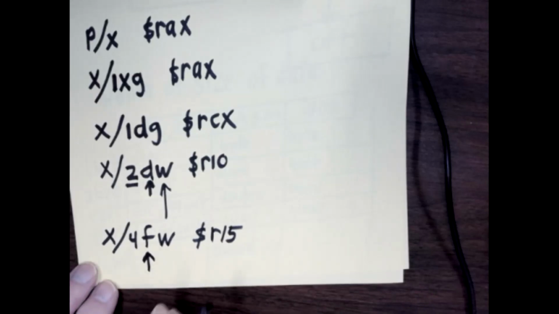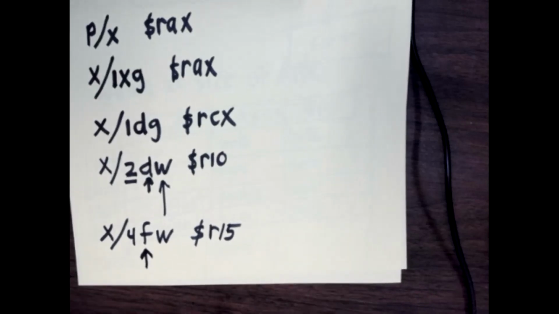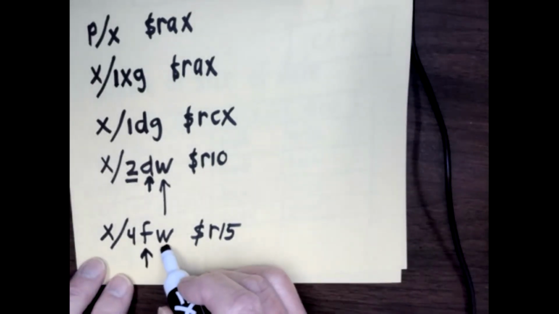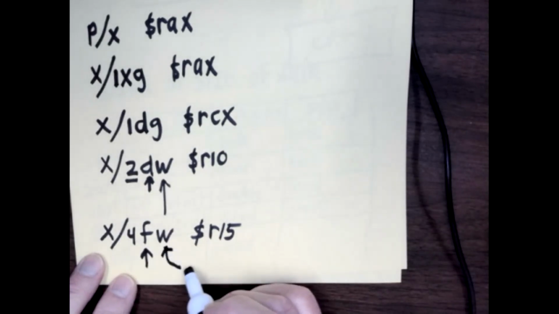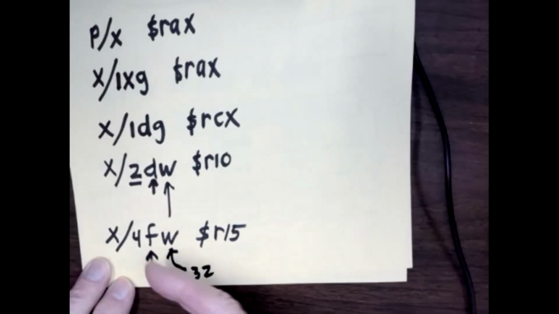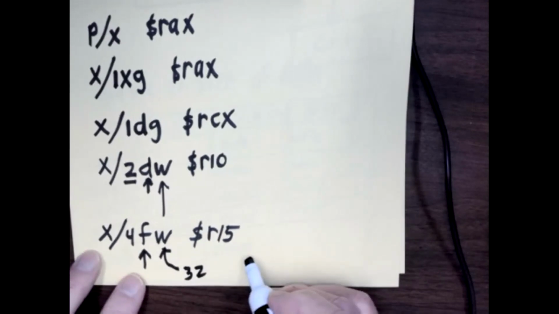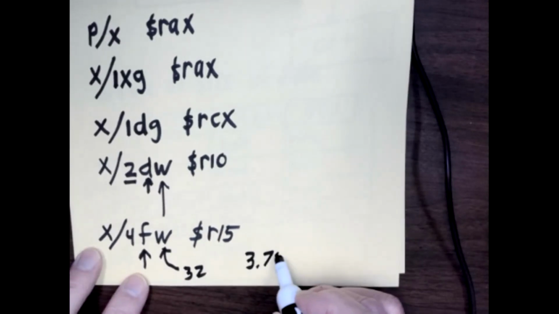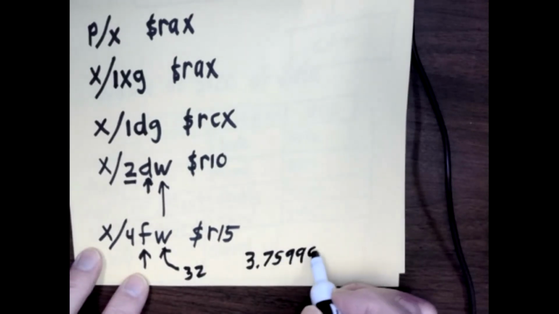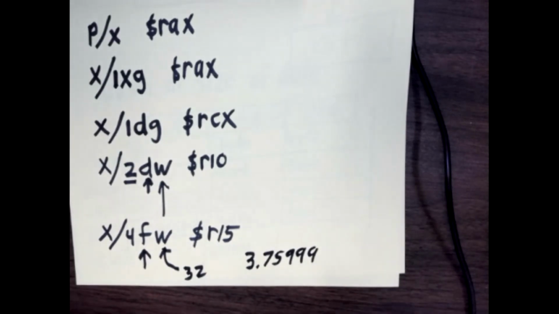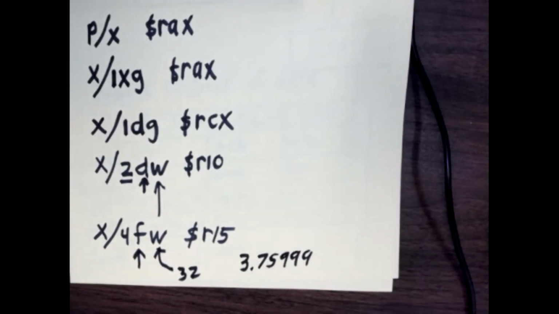And do 4 in succession, address successively from that point forward. That indicates 32 bits. That indicates float forming, 3.75999. And the 4 says you're going to get 4 of these numbers in numeric sequence by addressing. Okay, any questions?